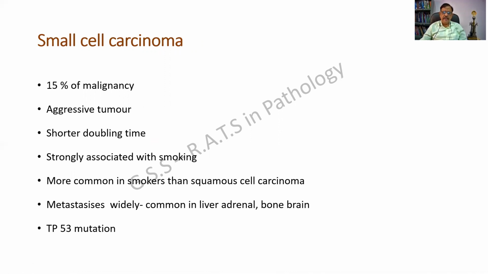Strongly associated with smoking. Squamous cell carcinoma is also associated with smoking, but small cell carcinoma is much more. Metastasis is wide, common in the liver, adrenal, bone, and brain. And there is a defect in the TP53 due to a mutation.